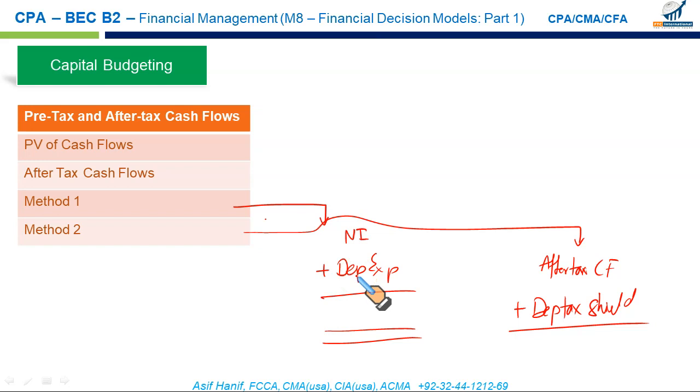It means it is a valid expense from a tax point of view. Which means if you charge depreciation in your income statement, you will be allowed this amount as a deduction, and you will have to pay less tax. So if we are moving from a cash flow point of view, we must add back the depreciation tax shield, which is the tax saved by the depreciation, because depreciation is a tax deductible expense.